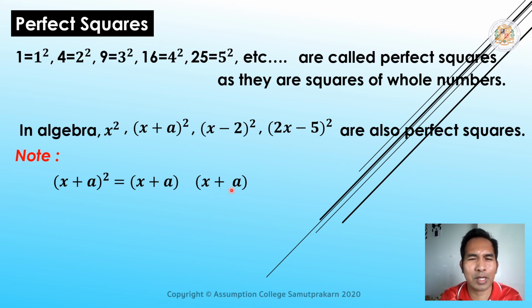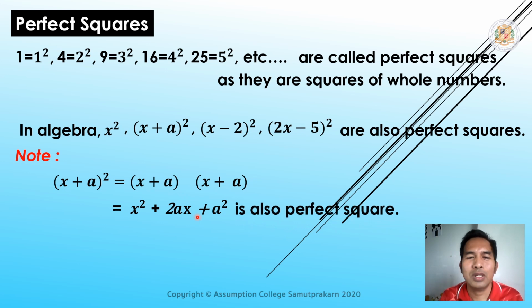So this is just the same as 5 squared is 5 times 5. So we have x plus a times x plus a. So we have x squared plus 2ax plus a squared.